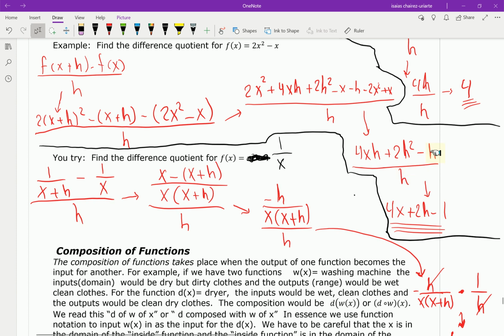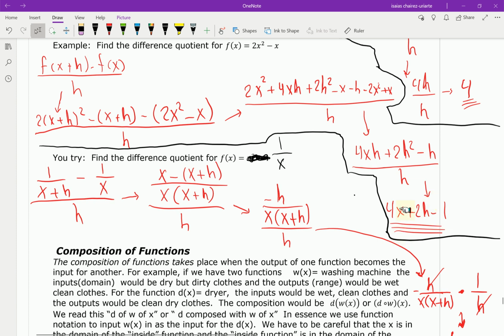And then finally, in this numerator, I can factor out an h from everything. If you think about it, there are 3 terms in my numerator. Each one involves h. So I should be able to factor out an h from everything. And then that h that I factor out cancels with the h in the denominator. And once that happens, I end up with 4x plus 2h minus 1.